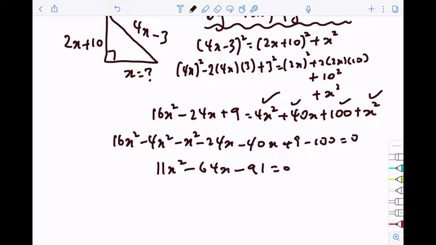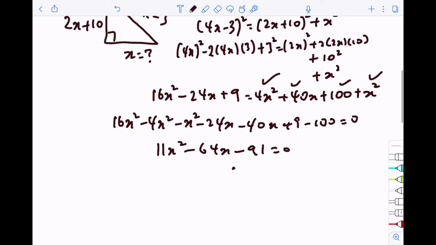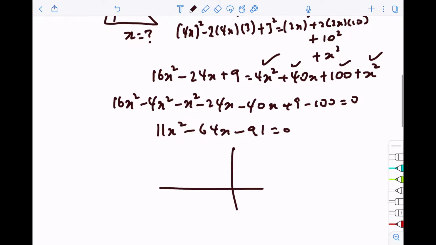Now what we need is to find the value of x. Alright, so what you can do is try and factorize this first. So let me just put 11x squared minus 91 minus 64x.